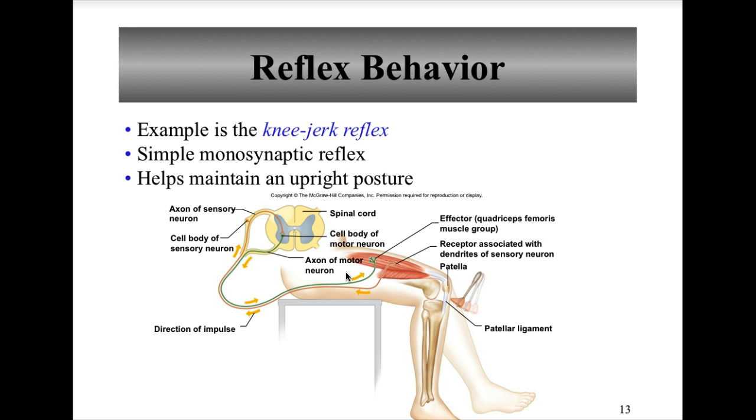Here are some examples. The first example of a reflex behavior would be a knee jerk or patellar reflex. It is a simple monosynaptic reflex, and it helps maintain upright posture.